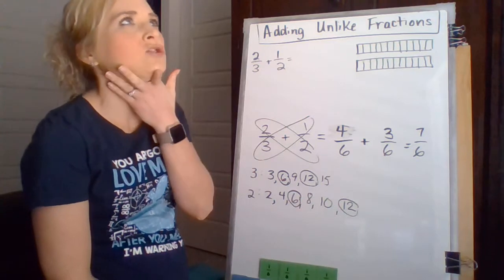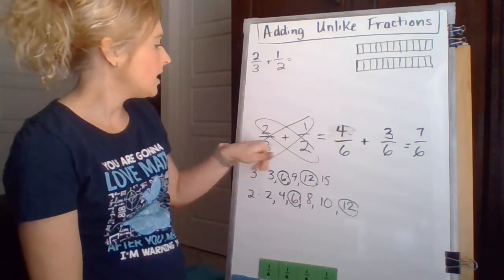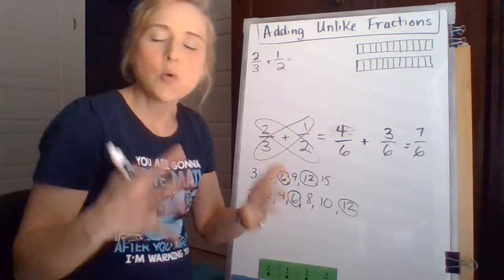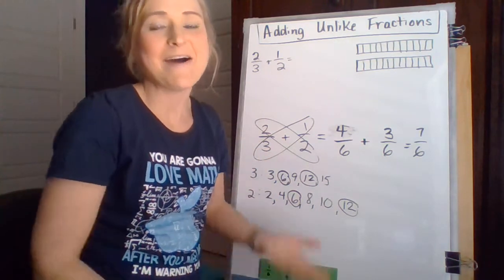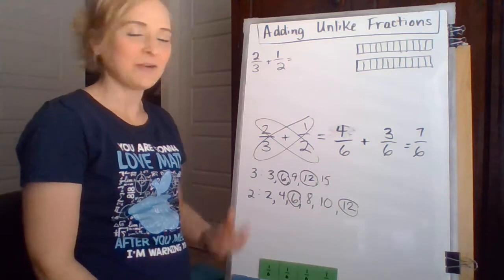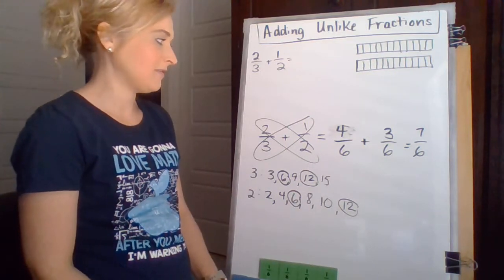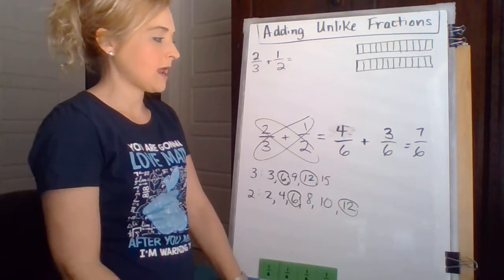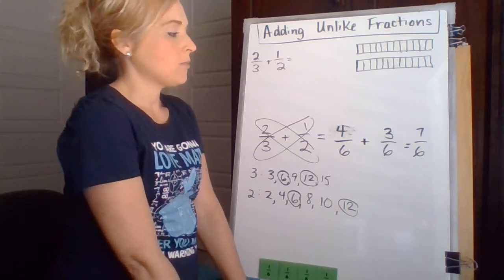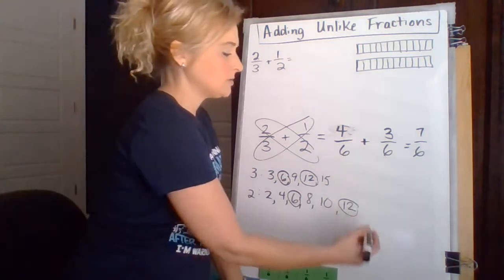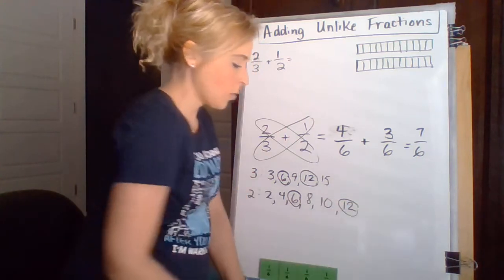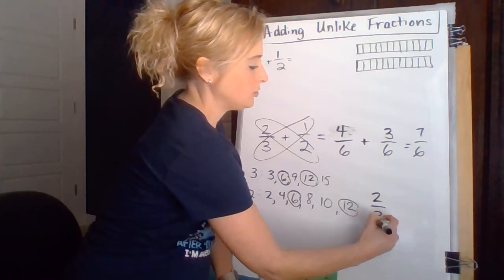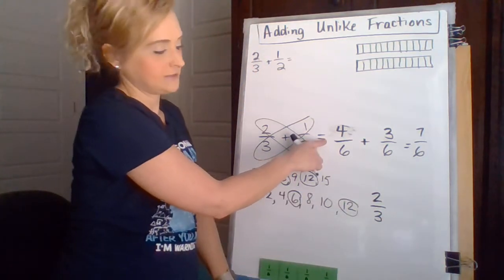Or maybe I just add straight across. 3/5 maybe. But what was that way I did? I don't want you to be in that predicament. I want you to really understand the concept that you're creating equivalent fractions. And in that previous video that I posted, we found equivalent fractions using the visual fraction model or the ratio table thinking. So what did I really do to 2/3 in order to get 4/6?